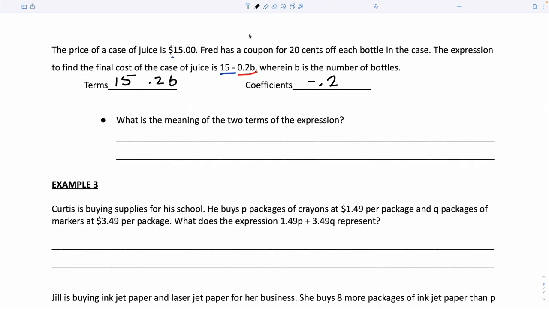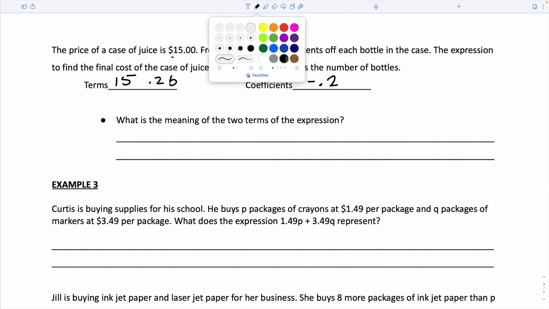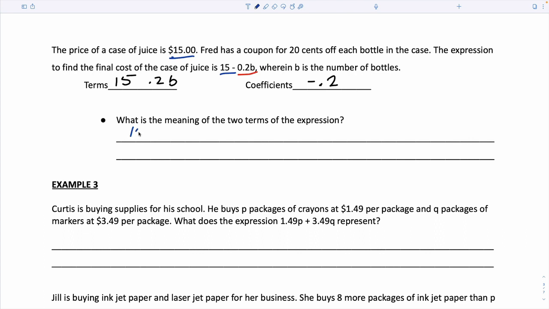What's the meaning of 15? Felix. The price of a case of juice is $15. Fred has a coupon for 20 cents off. What was the 15 in this problem? They kind of give it away here. It's the price of a case of juice.